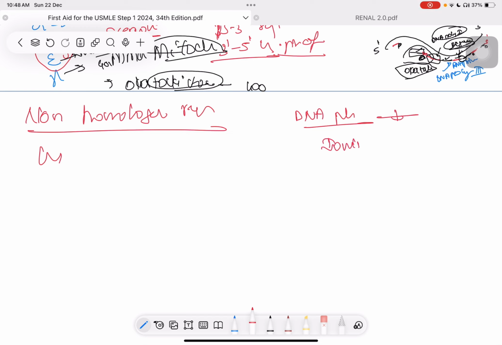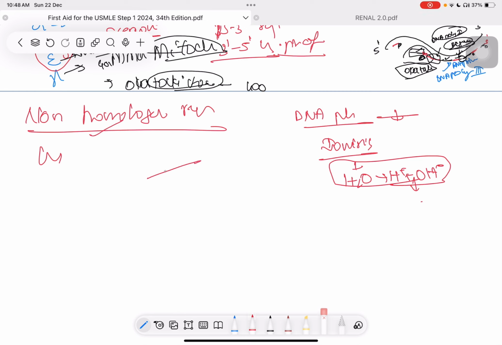This ionizing radiation converts your H2O into H plus and OH minus. These are very toxic radicals that can destroy your phosphodiesterase backbone, which leads to double strand damage. Now this damaged double strand can be repaired by two mechanisms: non-homologous mechanism and homologous end repair.